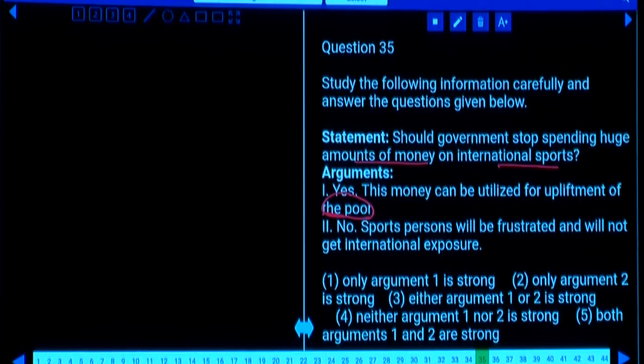Whether these two are related with each other is not clearly known. Hence it is not talking anything regarding the sports. Then second, no, the government should not stop spending, because sports persons will be frustrated and will not get international exposure. In order to have international exposure, the government should continue this funding. Hence the second one is strong. Only 2 is strong. 35, only 2, choice 2.